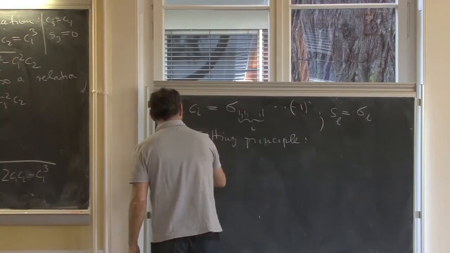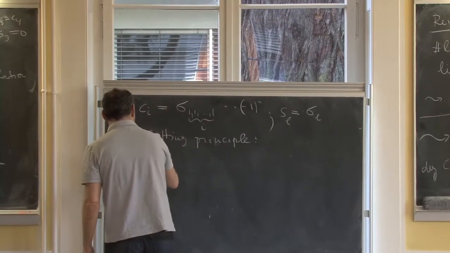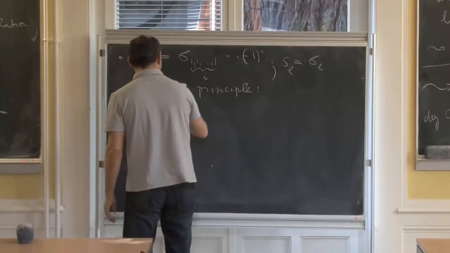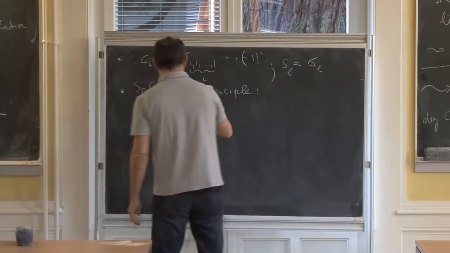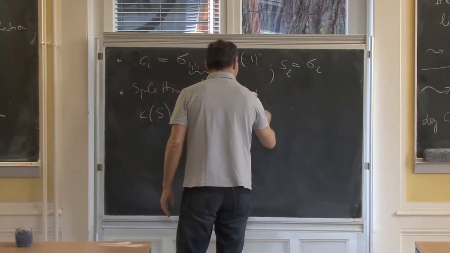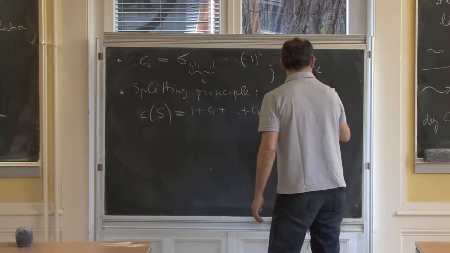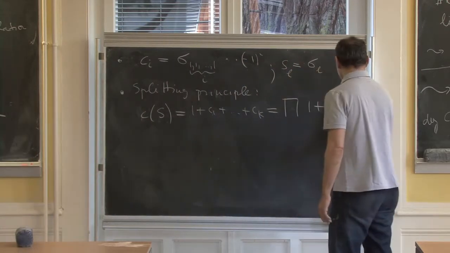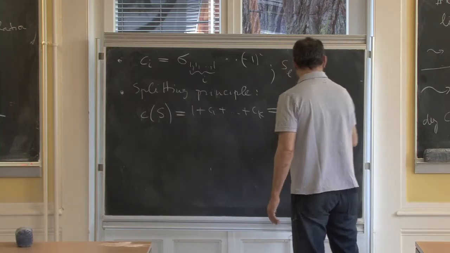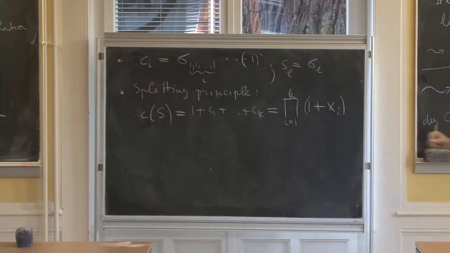Formula-wise, it just means the following: if I take c of S, which is just equal to 1 plus c1 plus etc. plus ck, this can be factored into a product of 1 plus some abstract classes xi. You can think of them this way. So this is what the splitting principle looks like.